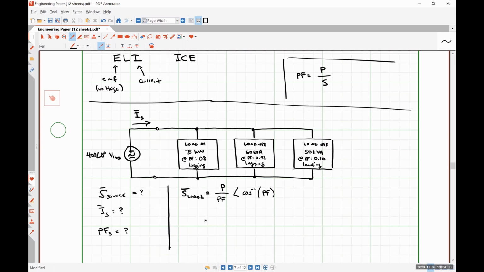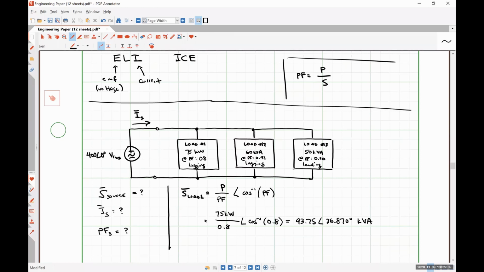So for load one, this translates to 75 kilowatts divided by 0.8 with an angle of the inverse cosine of 0.8, which would give me 93.75 with an angle of 36.870 degrees kVA.